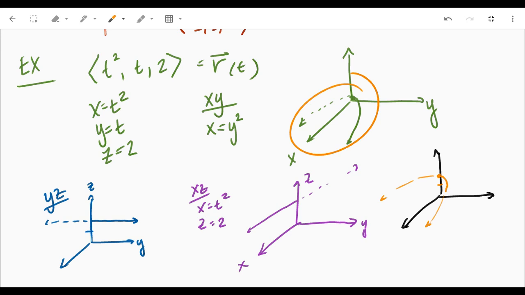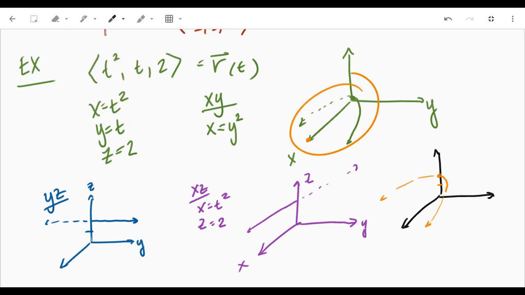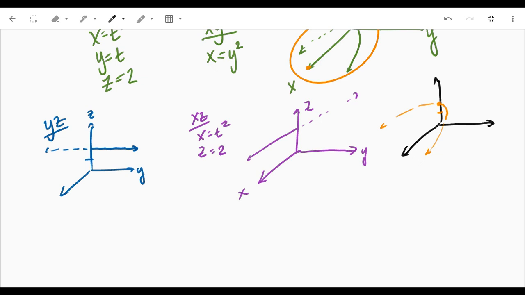So then you can think about, if you look down on it in the xy plane, you see a parabola. If you look to the side of it and just look at the yz plane, it would look like a line, right? Think about looking at that thing straight on, like you are standing here. You're a little stick guy. Actually, I'm going to use the one where, think of this as being shifted up 2 units.